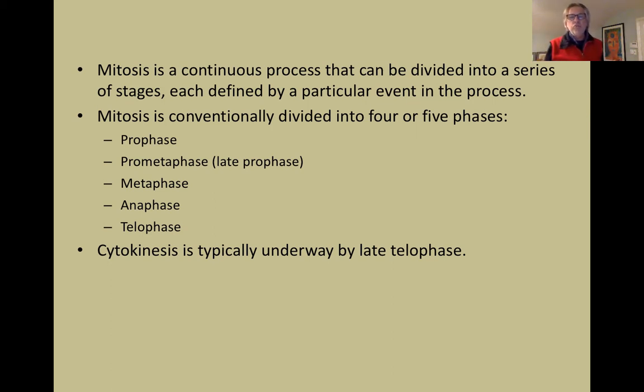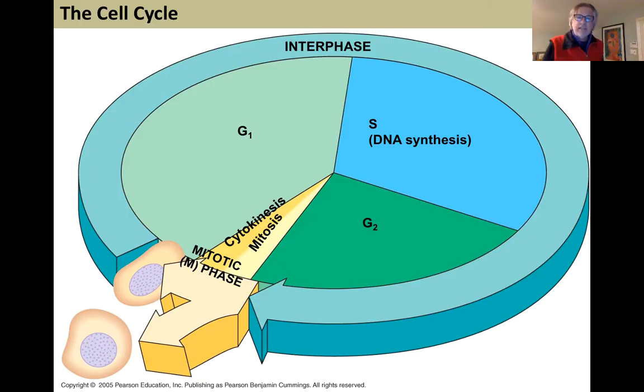One, it is used often just to refer to eukaryotic cell division. So people will talk about cell multiplication by mitosis. And that's not referring specifically to the separation of the DNA, but to cell division itself. 2, if we look at the cell cycle that we saw earlier, we talk about the mitotic phase, which contrasts with interphase.